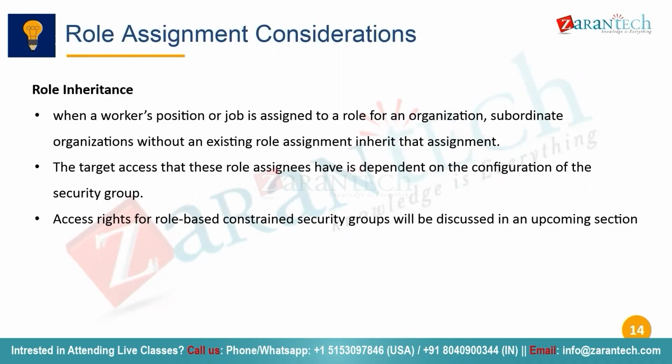For example, if we assign certain roles at the CTO level, Chief Technology Officer, and there are different teams under that, the assignment is inherited by the downward supervisory organizations as well, until and unless you change it. If someone is assigned a specific role at the CTO level, that person would have access to the downstream areas as well.